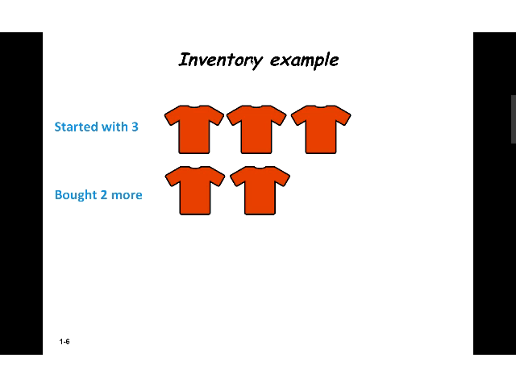So let's say we have a business selling t-shirts, and we started the month with 3 t-shirts, and we bought 2 more. And we're going to continue to use the same example over and over. And again, I'm going to be watching for people to write this down, and I'm going to try to go really slow because I want to make sure that we get it.